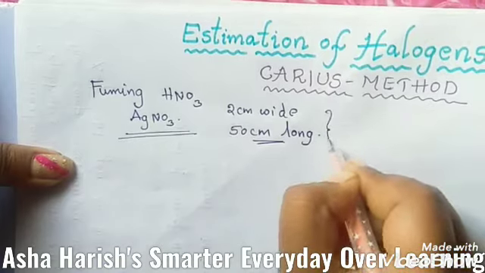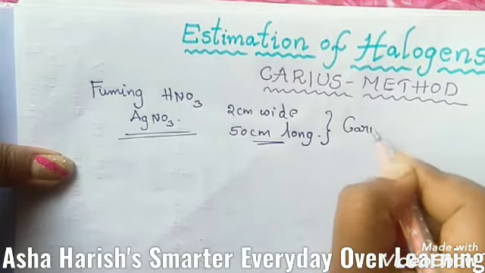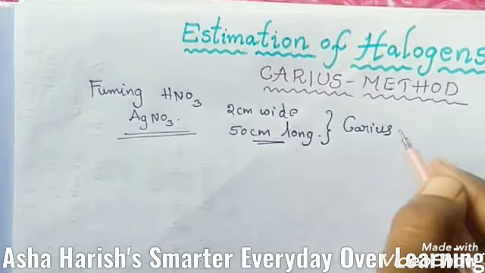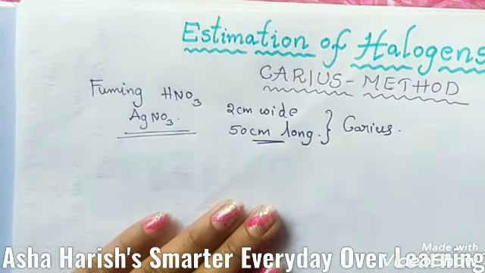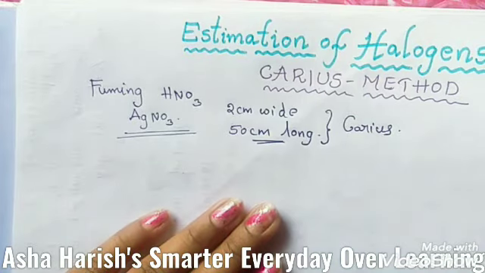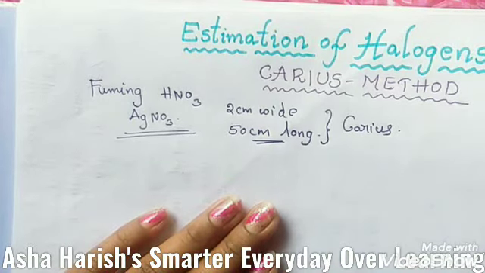This is called the Carius tube. You have to take this entire equipment in a furnace. Let's see the diagram of this Carius tube for the estimation of halogens.